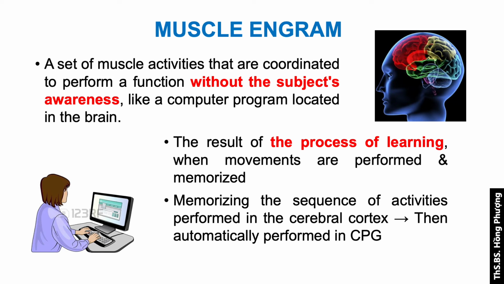It is the result of a process of learning when movements are performed and memorized. The memorized sequence of activities in the cerebral cortex is automatically performed in the central pattern generator.